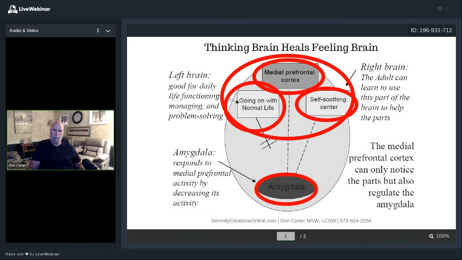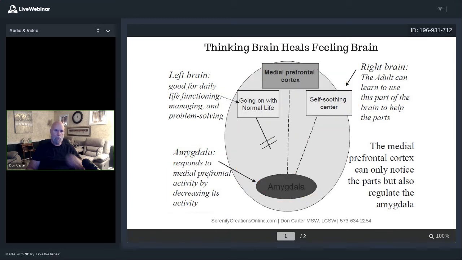And again, the medial prefrontal cortex can not only notice the parts, but also regulate the amygdala just simply by observing and noticing it and paying attention rather than distracting ourselves or falling into some addictive behavior. So the amygdala responds to the medial prefrontal activity by decreasing its own activity. If there's no connection here, then this is going to start to go wild.